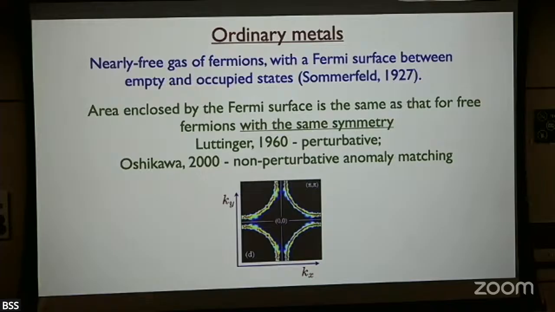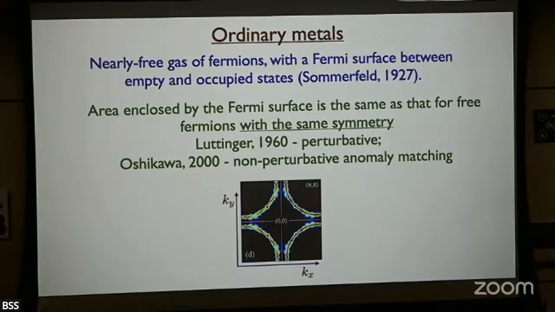And the point here is that once you have an anomaly matching argument, the way it works is that you have some system and you compute a certain anomaly. You compute how it responds to inserting flux, and you get an answer. This is how it must respond. Then you make an assumption for the low energy theory and see how your low energy theory responds. And then you say that those two must be equal.